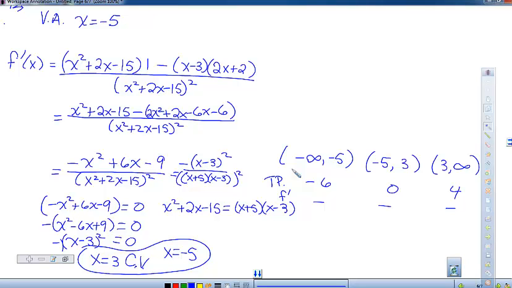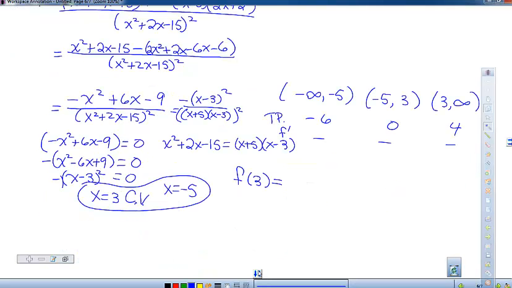So f of 3, if we plug that into the original function, what do we get? And also f of -5. Oh, that's right, because we simplified that, we canceled it out, so it's not defined there.